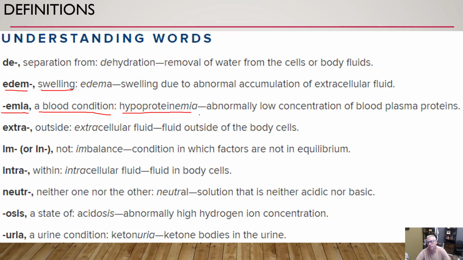Hyperproteinemia would be high protein concentration in the blood. Hypokalemia, low potassium. Hyperkalemia, high potassium. Intra, within. Osis. We'll talk about acidosis and alkalosis.